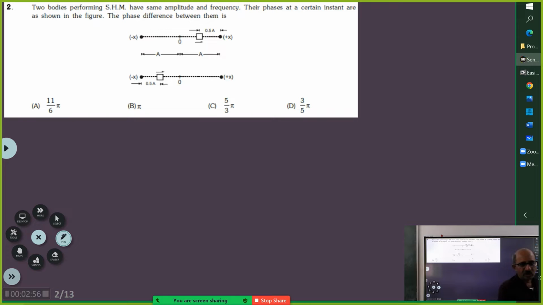The rotating phasor concept, if you use it, then you can solve it by science and logic. But if you are familiar with using the equations, you can do that also.